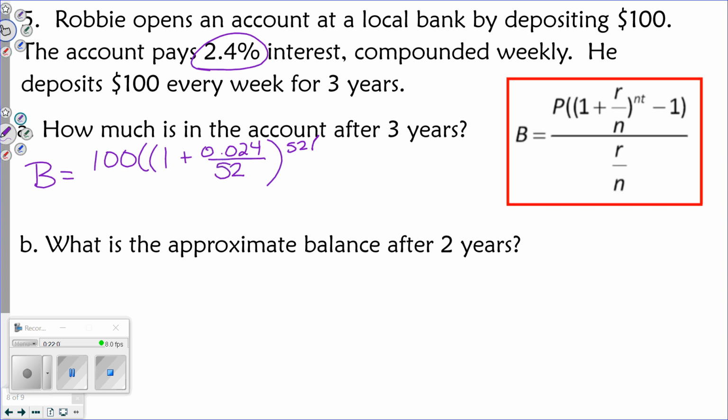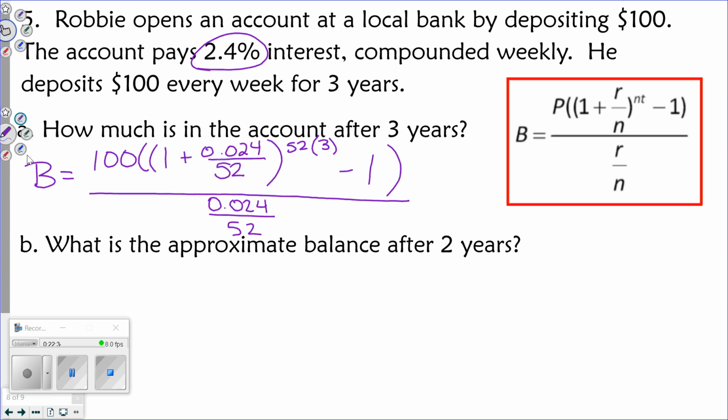So then 52 times, we're doing 3 years, so times 3, minus 1. Again, if you're a scientific calculator person, you've got to multiply that together first. All right, and then my rate again, 0.024 divided by 52. Scientific people, you got more parentheses to put in.